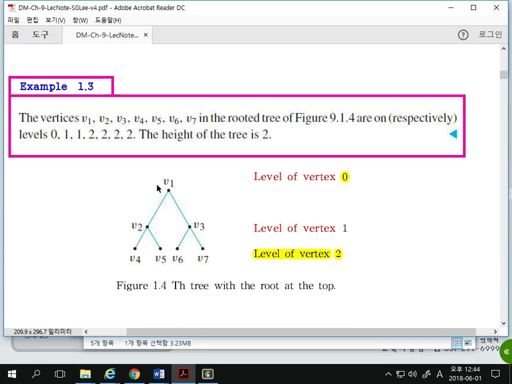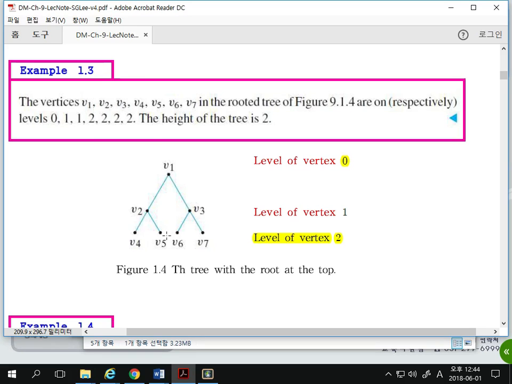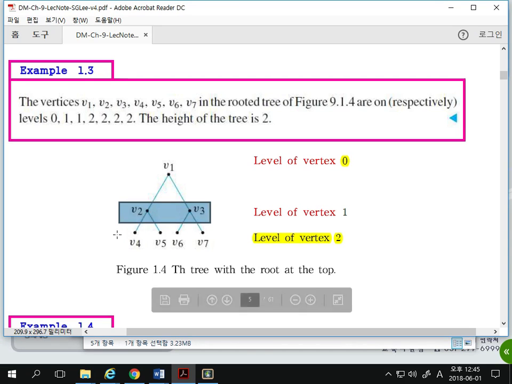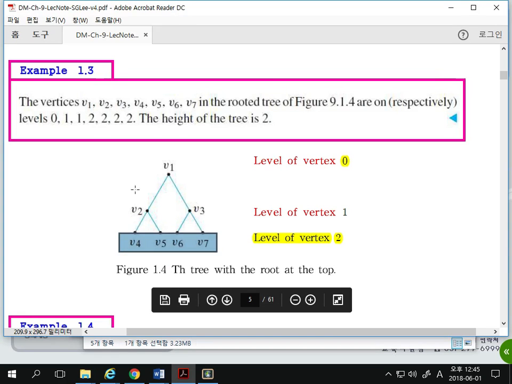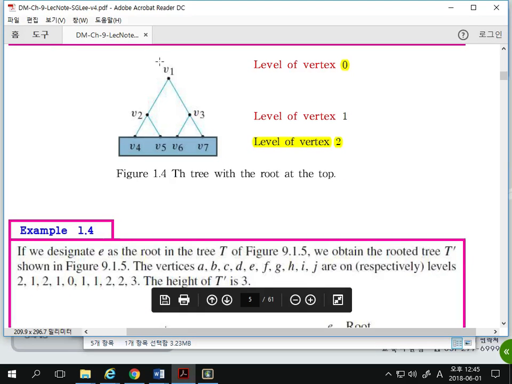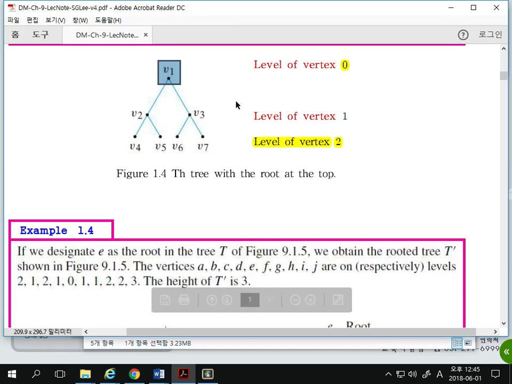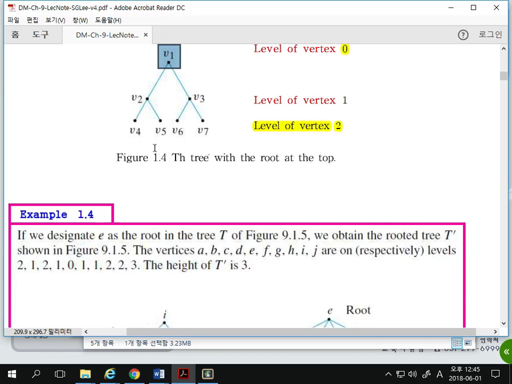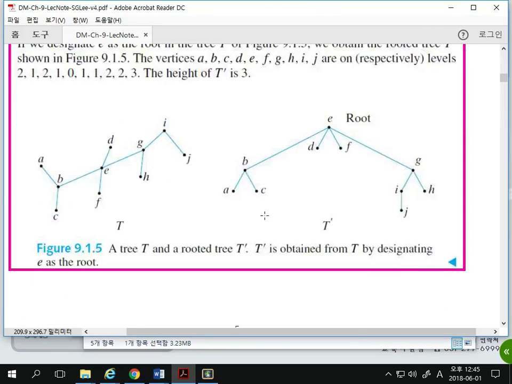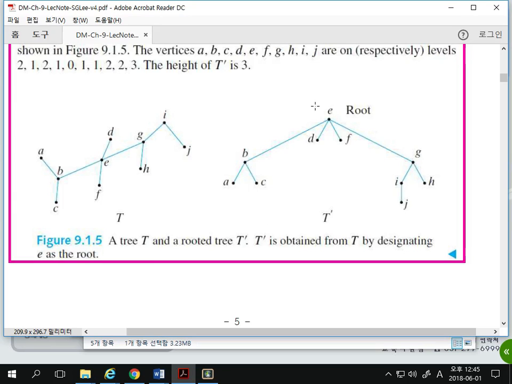For example, in this rooted graph, the level of the root vertex is 0, the vertices below are level 1, then level 2, level 3, level 4, like this. The top root has level 0. Only the root has level 0.